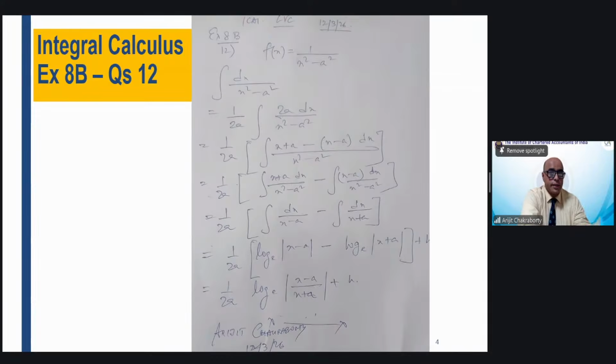So if you see x square minus a square in the denominator, first of all, this is a standard formula. So you can directly remember the formula from the study material. So in the discussion of chapter 8B, integral calculus, मैं आप लोगों को बता रहा था कि कुछ फॉर्मूला है जो कि बेसिक फॉर्मूला कहलाते हैं, उसके बाद है स्टैंडर्ड फॉर्मूला.